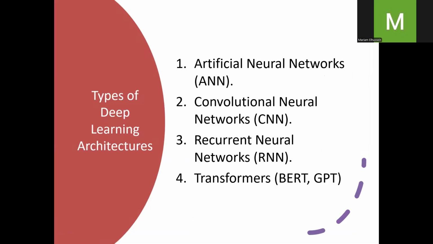There are multiple types of deep learning out there. We have ANN, artificial neural networks, convolutional neural networks, CNNs. We also have recurrent neural networks, RNNs, and we also have transformers, such as BERT and GPT, and these are the basis of LLMs or large language models.